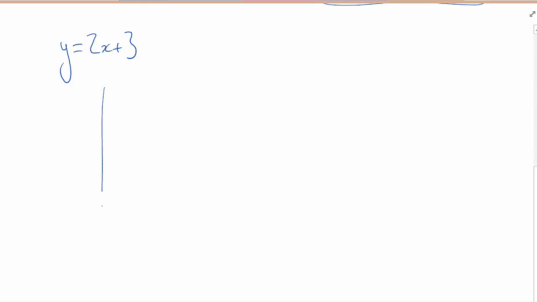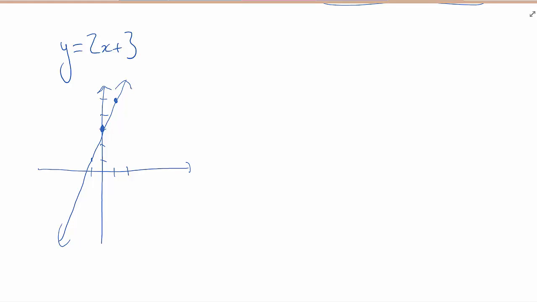This is of course a linear equation with a slope of 2 and a y-intercept of 3. So we just come over here like this and go 1, 2, 3, get that y-intercept there, and then we use our slope of 2, which means we're going up 2 for every 1 to the right, or it could be down 2 for every 1 to the left, and we connect those dots with a line.